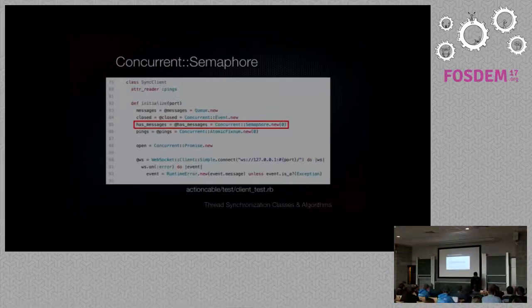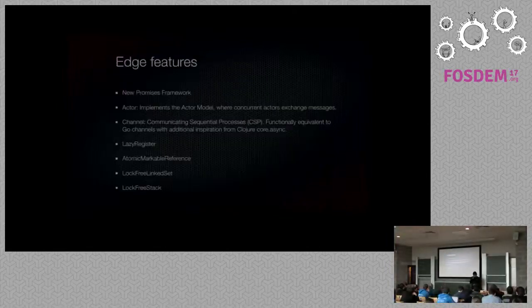This is an Action Cable client test example. So we saw scheduled task, timer task, events. These are available in the concurrent Ruby gem, but there is also a concurrent Ruby edge library.